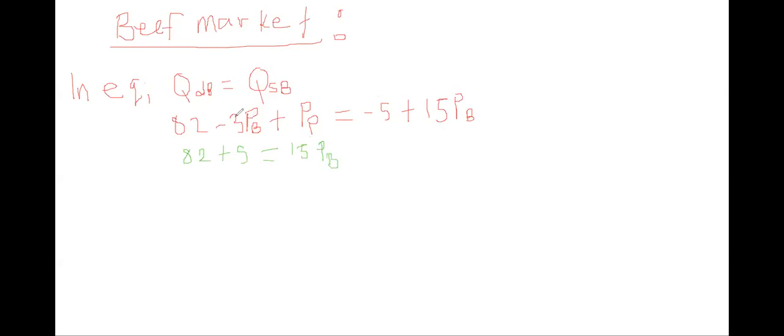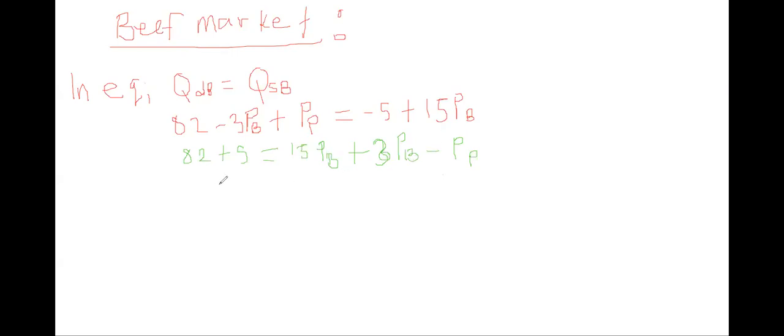This stays, so this will come here, plus 3 times the price of beef minus the price of pork. So this and this, they are like terms. This is 3, please. So this is PB, they are like terms.